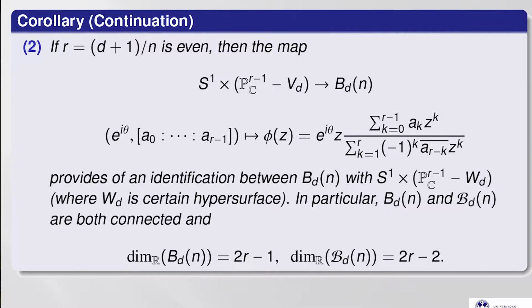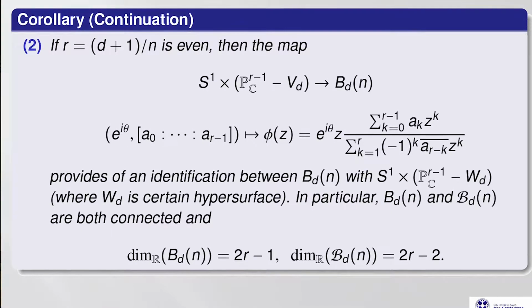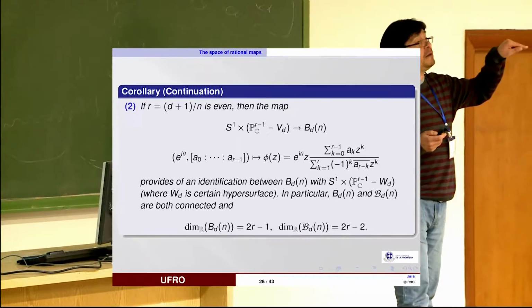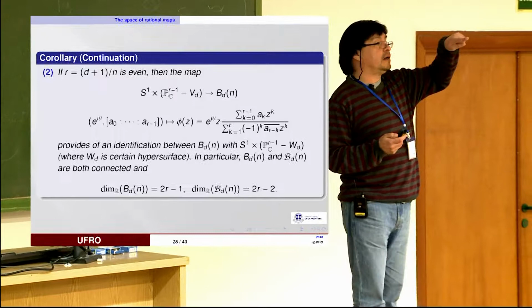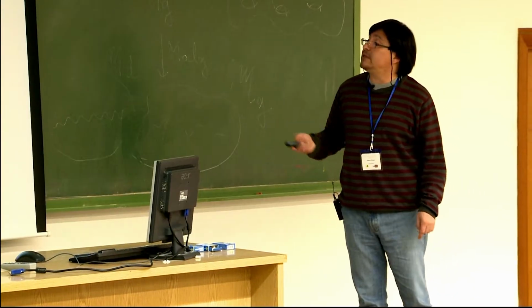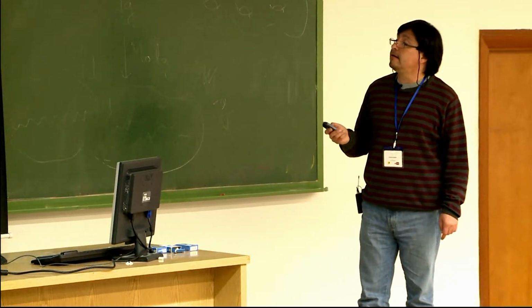And the projection, again, will be connected, with the corresponding dimension one less. Yeah, so the same happens for the other case because we have two cases: d minus 1 divided by n is even, or d plus 1 divided by n is even. So in each case, there is a form, a presentation, and the corresponding dimensions.